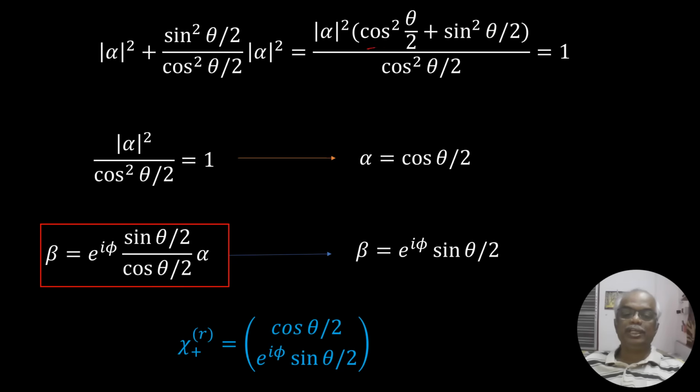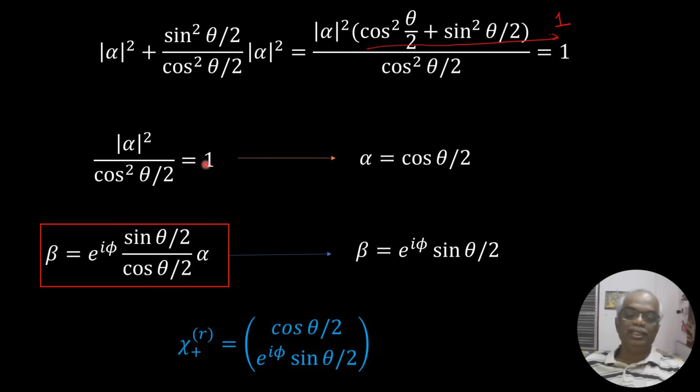So the term inside the bracket is equal to 1. For the normalization condition, modulus alpha squared plus modulus beta squared is equal to 1. Because the term inside the bracket is 1, you will get simply the numerator modulus alpha squared over cos squared theta over 2, which is equal to 1.